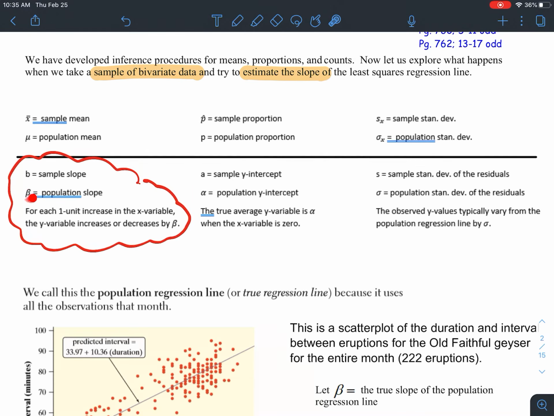If you were to calculate a least squares regression line with the entire population of all of those data points, whatever the slope is of that regression line, we would identify that as beta. But if you're only taking a sample and you don't have all of the points, then you calculate the regression line, the slope is just b.